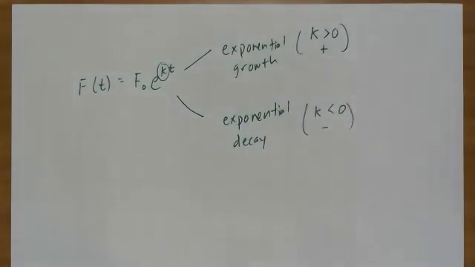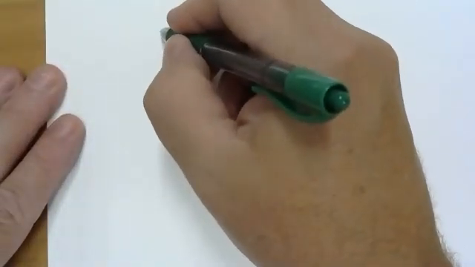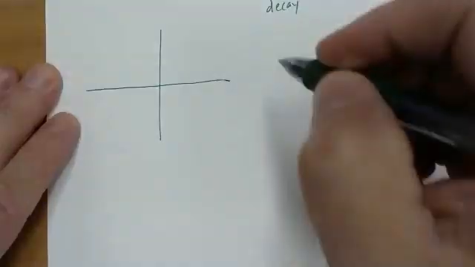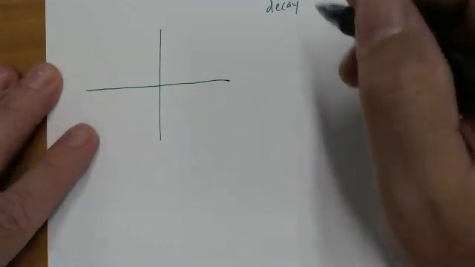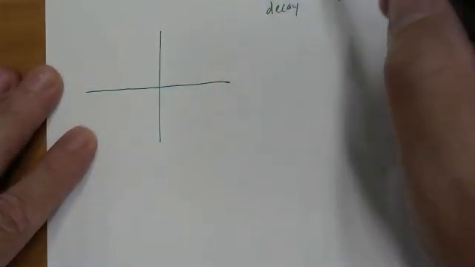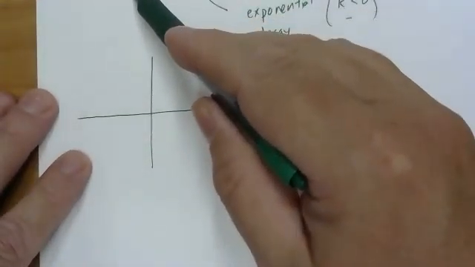It's getting smaller. As a matter of fact, just one quick thing. If we were to try and graph this, now here, I'm not going to graph time, because you can't have negative time.